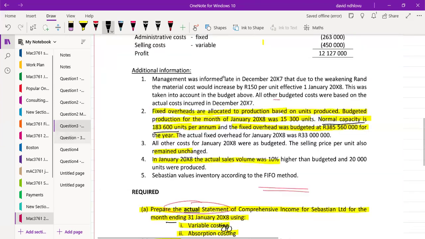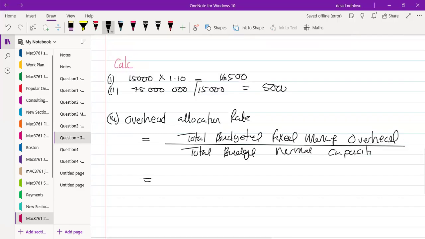So we then have the amount of 385,560, divided by the output, 183,600. So that will give us our ORR. So 385,560 divided by 183,600, then we are going to have a value of 210.